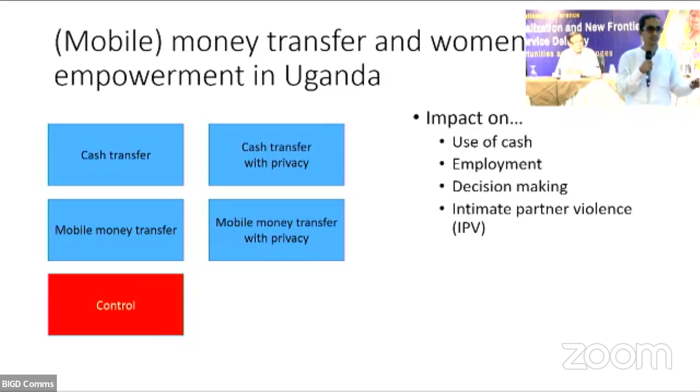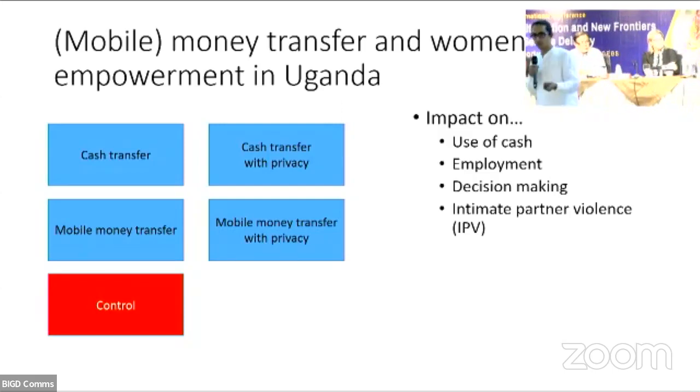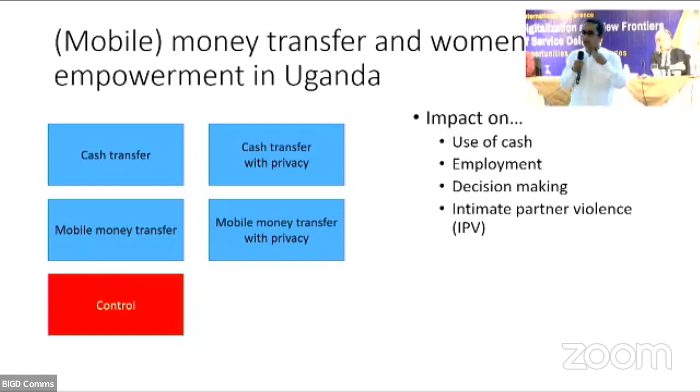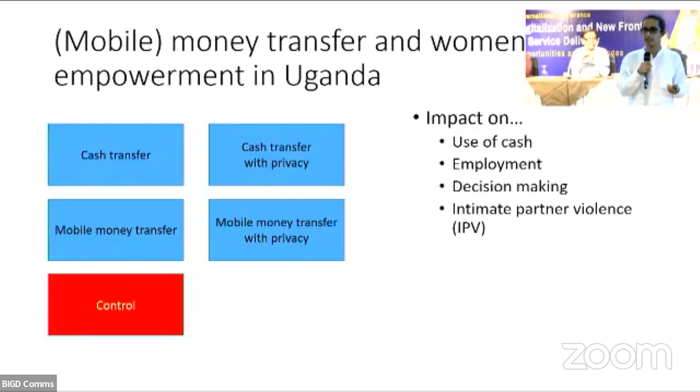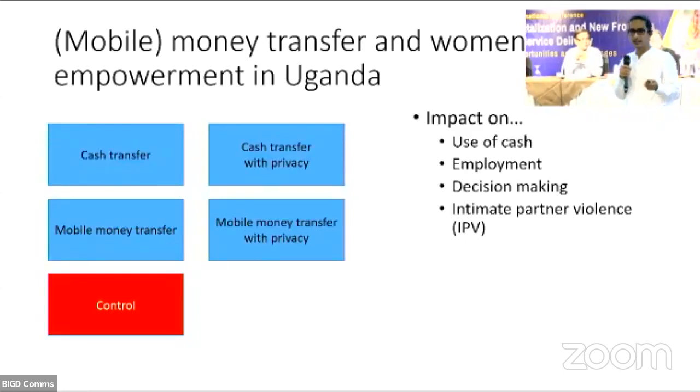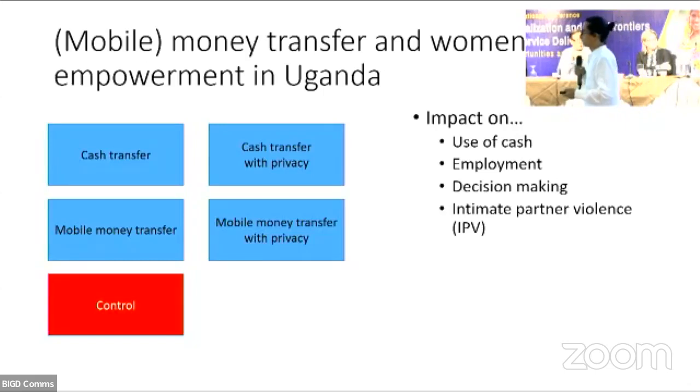In other cases, we don't. We want to see the impact of this privacy on various outcomes. Obvious ones are use of cash and economic empowerment in terms of employment and decision-making, but we also want to go into this territory of intimate partner violence. And that's where NLP comes in.